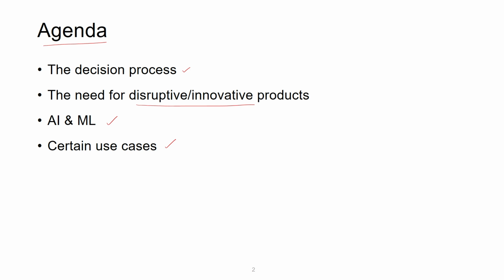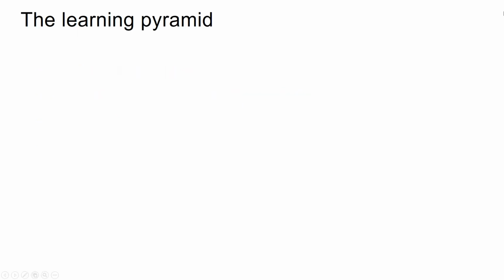Now, let us get to the main topic, which is called the learning pyramid. Why we need to work on the learning pyramid is critical. This was originally proposed by Edgar Dale in 1969.